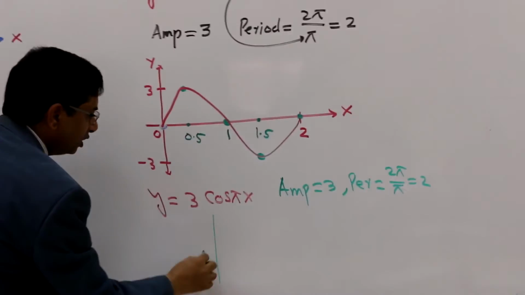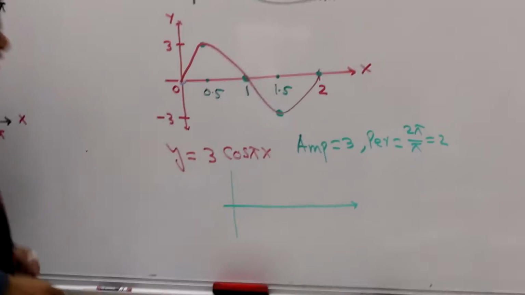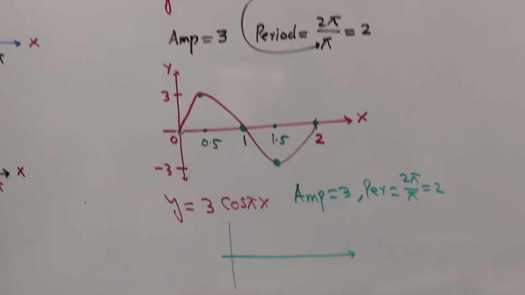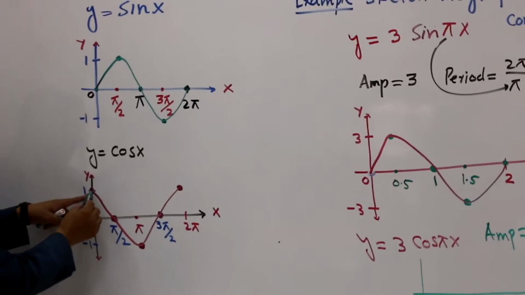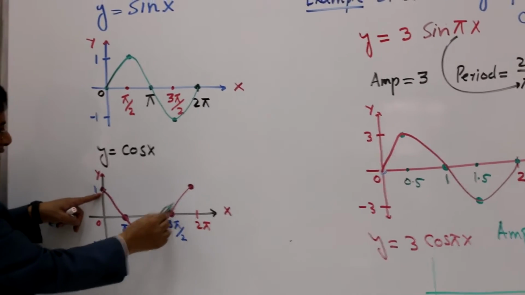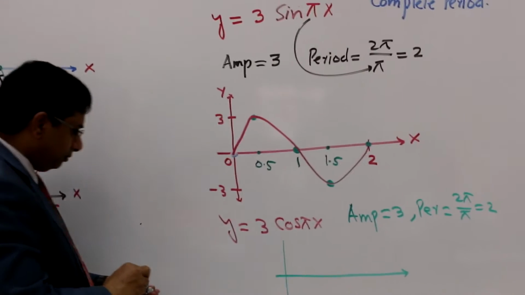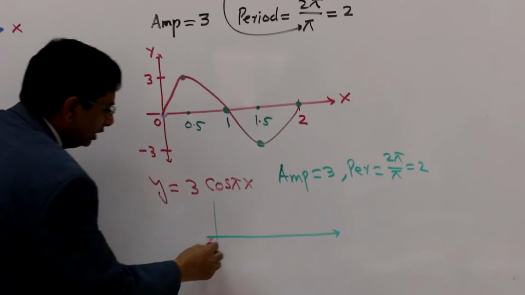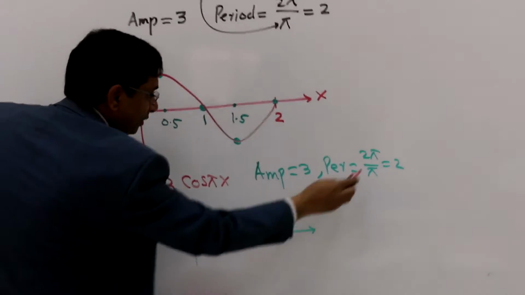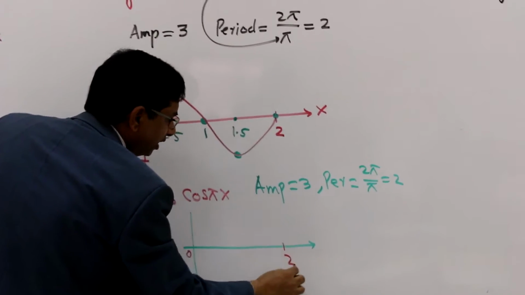And for cosine we have this graph. It starts from 1, 0, -1, 0 and 1. So this shape you have to remember. We see this is 0, and the period is 2.